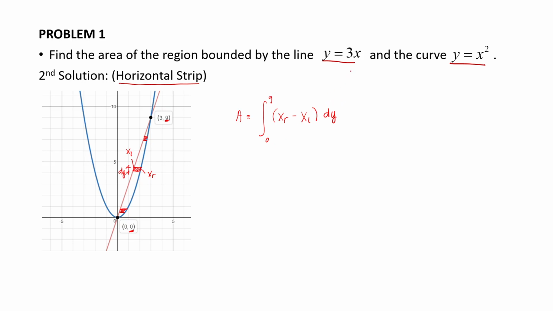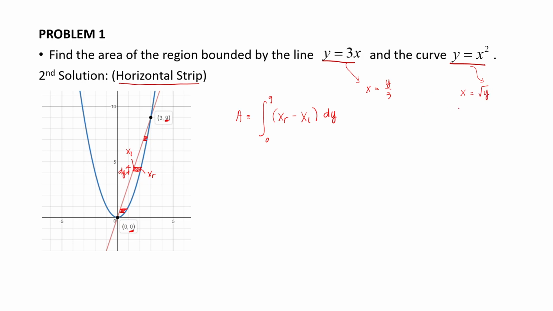Our problem here is that our equations are not expressed in x yet, x equals y something. So we still have to convert this into its corresponding x versions. Dividing by 3, you now have x equals y over 3. Then the other one is x equals square root of y.